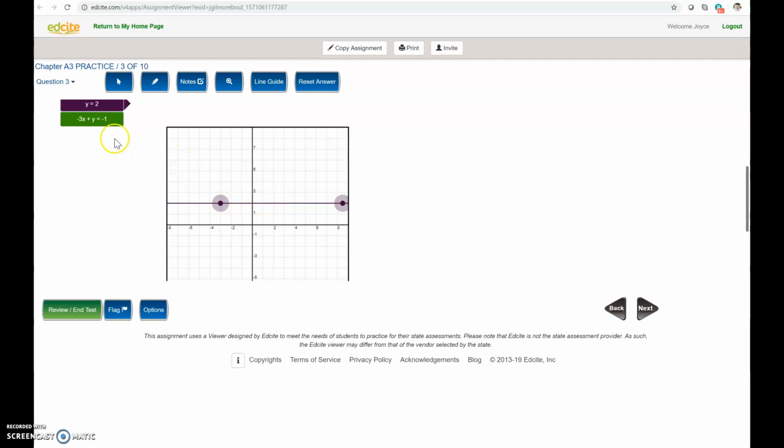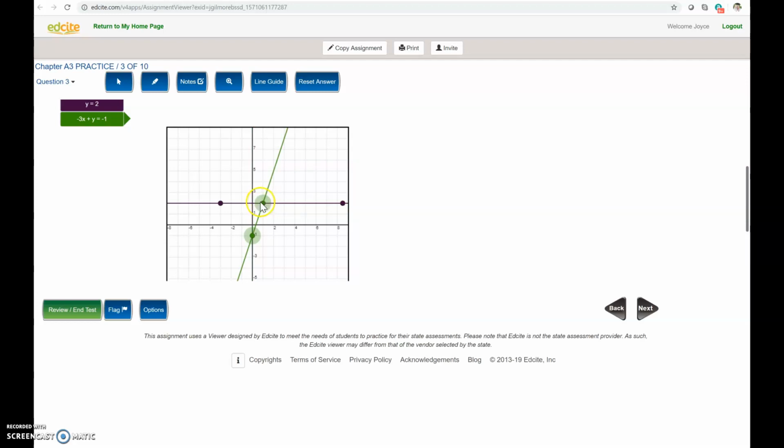Then on my paper, I found that this other equation is y equals positive 3x minus 1. So I need to put one of my dots at negative 1 for my y-intercept, and then a slope of 3. So from this point, up 3 over 1.